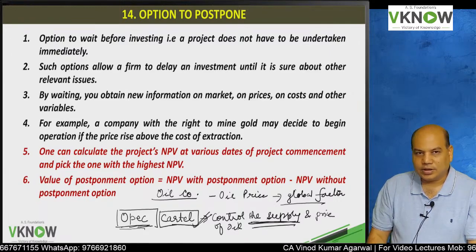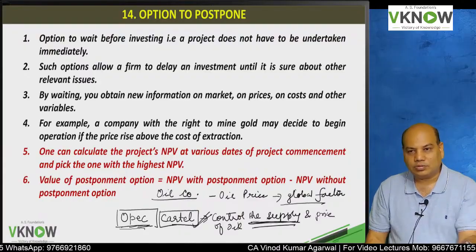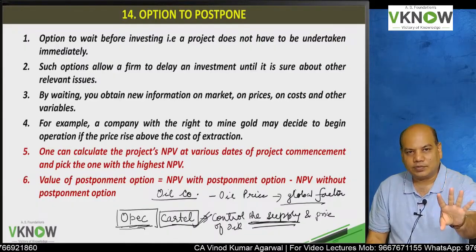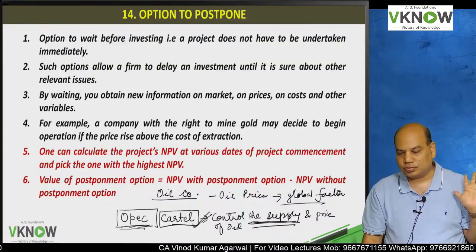So I will either open the oil company now and start working on it, or I may wait for 1 year. Let us see what the market condition is after 1 year, and then I will take a decision. That is called option to postpone.